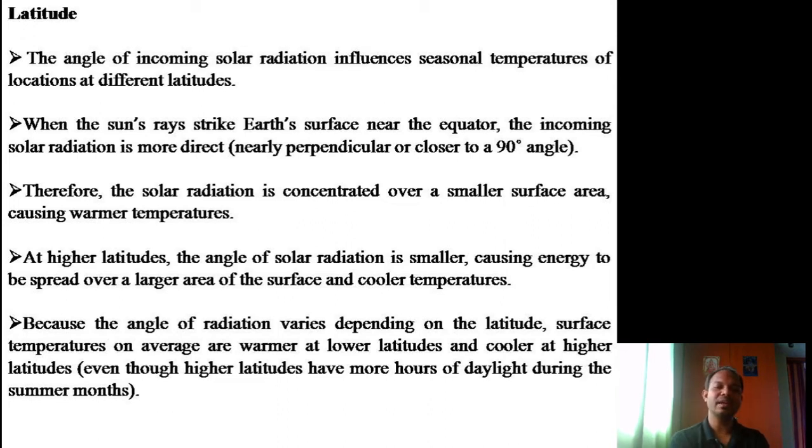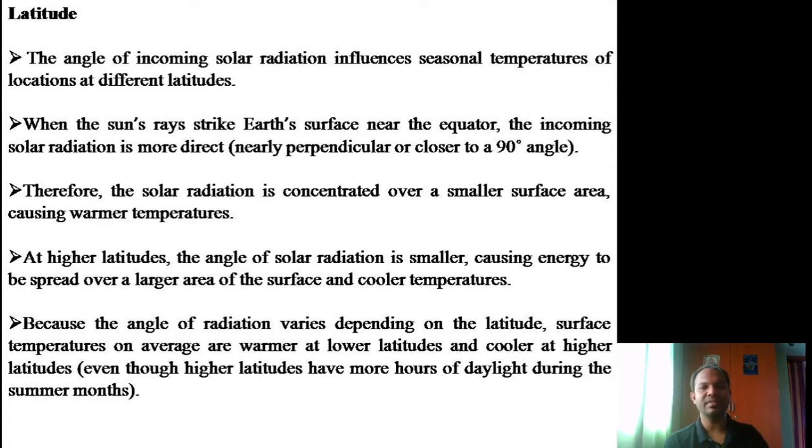The angle theta can be related by a general equation to phi, which is the latitude. Beta is considered as the slope, and then different angles like the azimuth angle, zenith angle and declination angle come into the picture. Latitude is defined as the angle of incoming solar radiation influencing the seasonal temperature of locations at different latitudes.